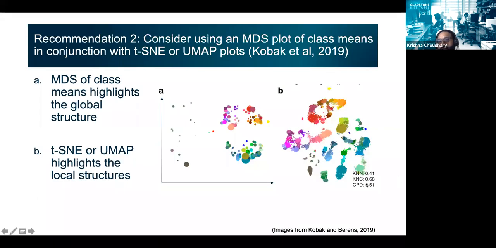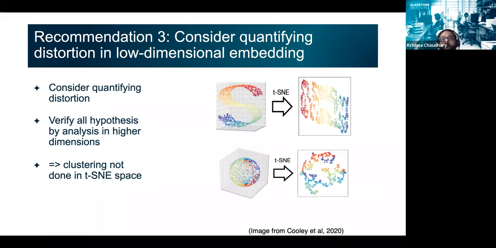And finally, another good practice might be to quantify the level of distortion. Another study, which I think is still on bioRxiv, reported that all this opening of the nonlinear structure in 2D and flattening it out can be done if a flat structure is actually possible, but it may not be possible. For example, a sphere: whatever you do, if you project it in 2D, you will be distorting the structure.